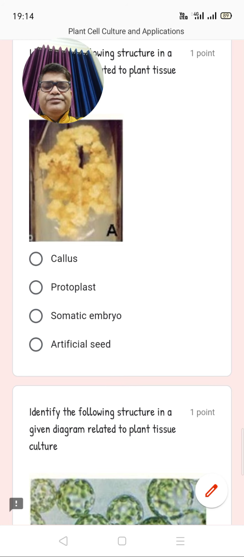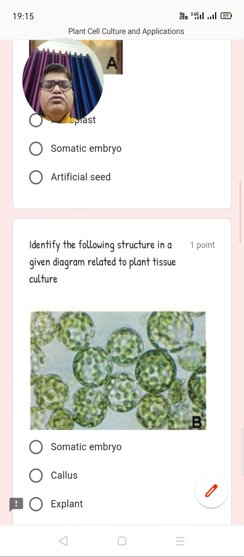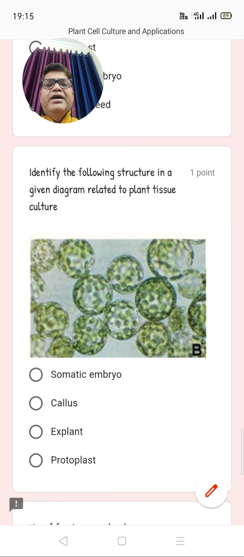So the correct answer, can you predict? If you cannot predict, the answer is Callus. Okay.